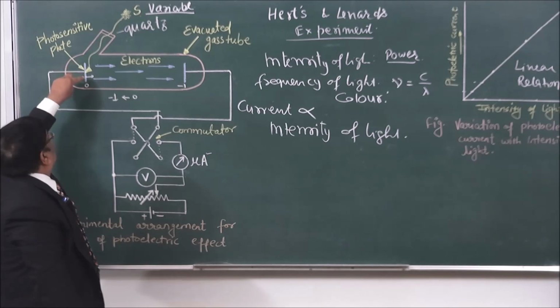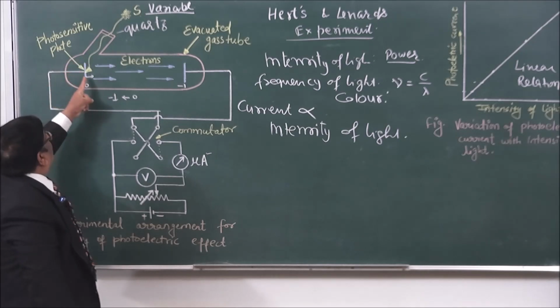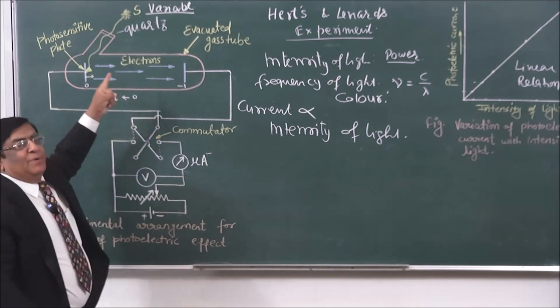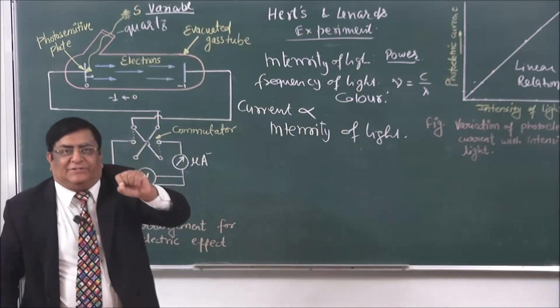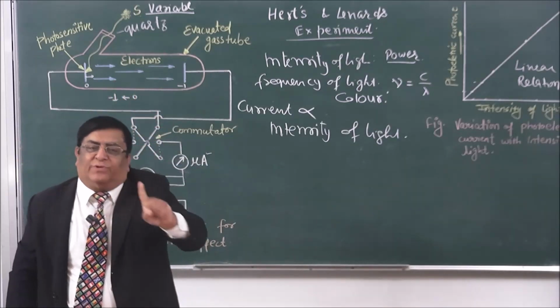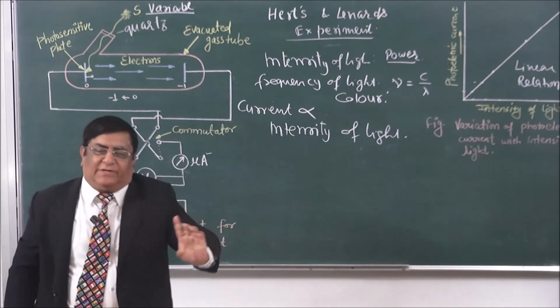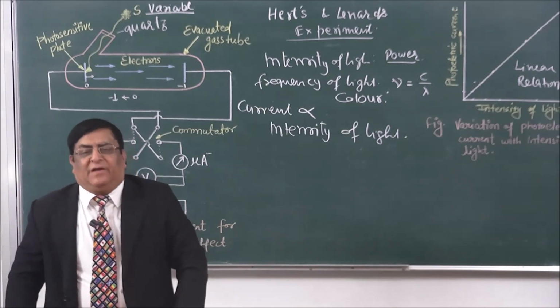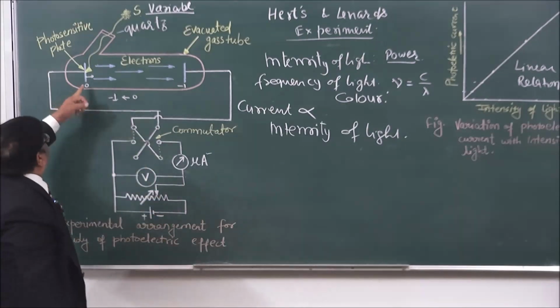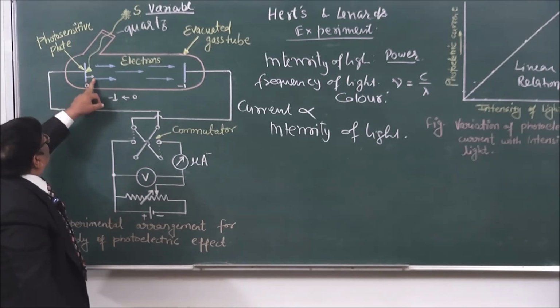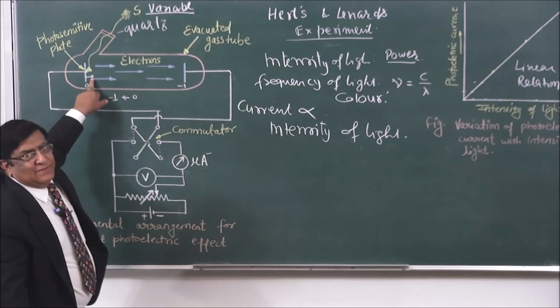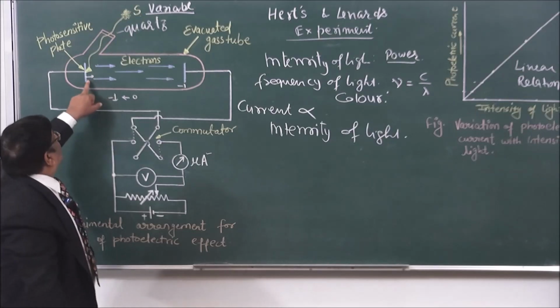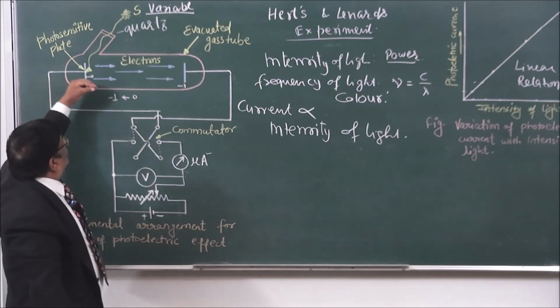The light gives energy to the electron, and that energy is more than the work function. This we have done in the previous lecture. If this energy is more than the work function, then the electron is ejected and it has kinetic energy. If it has kinetic energy, it will go in this direction.